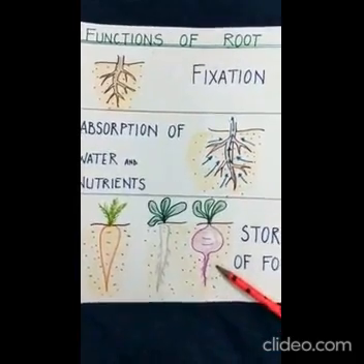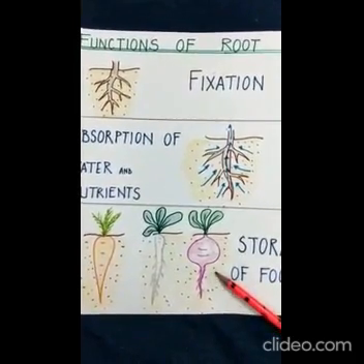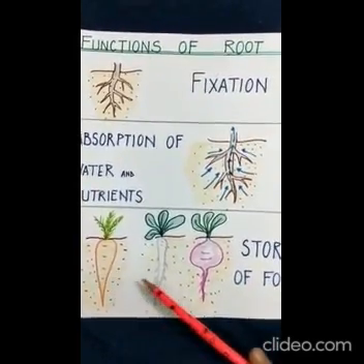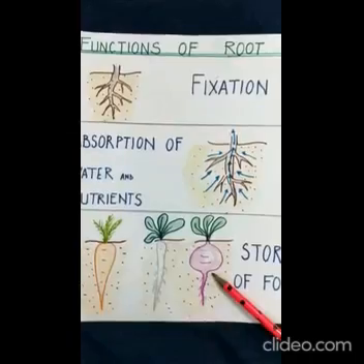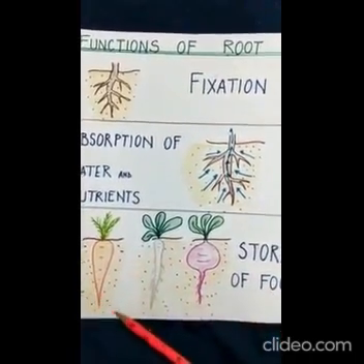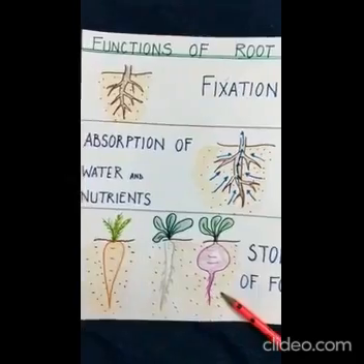Children, one more thing. I told you that there are two types of roots, taproot and fibrous root. So when I am telling you carrot, radish and beetroot, they are the examples of roots. Can you identify which kind of roots they are? Taproot or fibrous root?